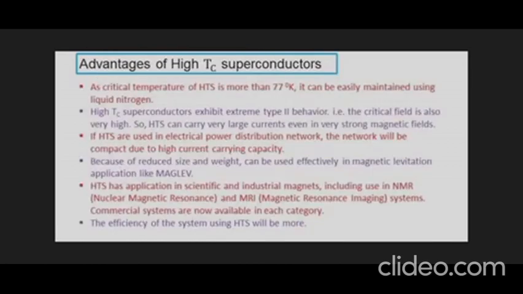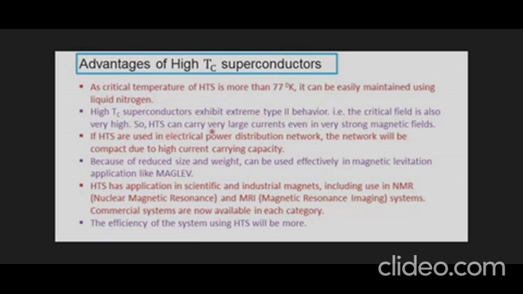Now the advantages of high Tc superconductors. As the critical temperature of HTS is more than 77 Kelvin, it can be easily maintained using liquid nitrogen. The high Tc superconductor exhibits extreme type 2 behavior, that is, the critical field is also very high, so HTS can carry very large current even in a very strong magnetic field.